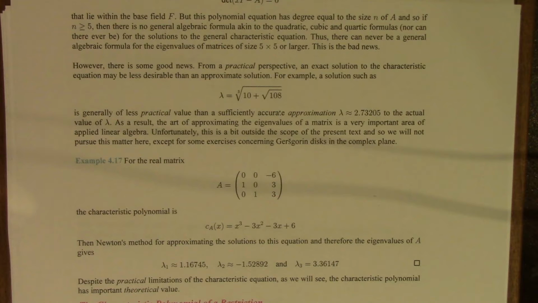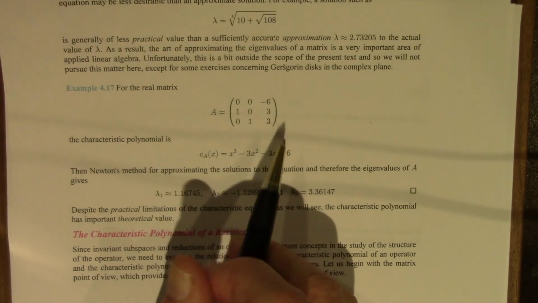So I'm not going to pursue the matter of approximating eigenvalues, except for some exercises in my book concerning Gershgorin disks in the complex plane, which provide one method of approximating the values of eigenvalues. Of course, there are other methods.